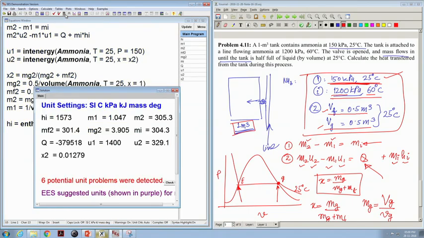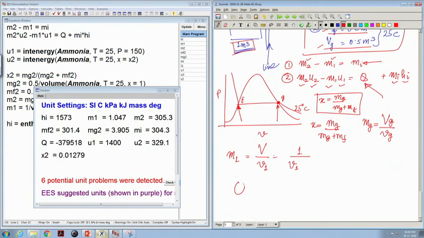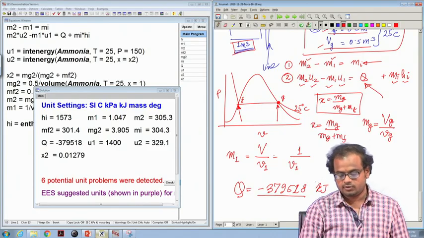And so, for the amount of heat transferred from the system, we obtain Q as minus 379,518 kilojoule. That is a huge amount of heat transfer. The sign indicates it is heat transfer from the system to the surrounding.